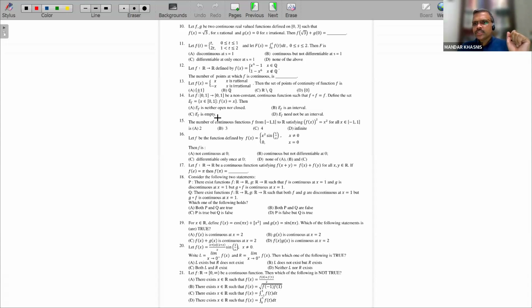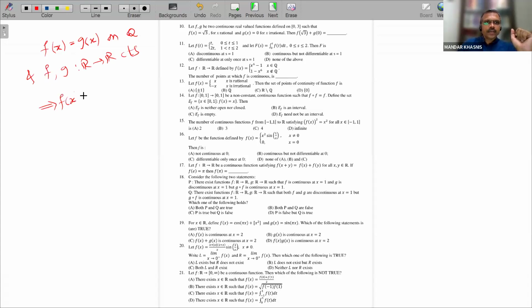Komal, which result? The result is: when f(x) is equal to g(x) on Q, and f, g from R to R are continuous, it implies f(x) is equal to g(x) on R. And this Q can be replaced by R minus Q also.